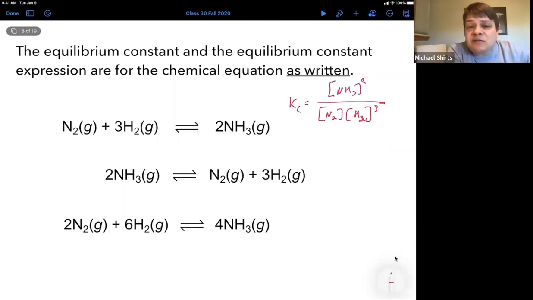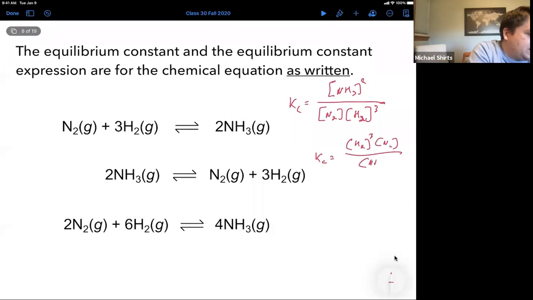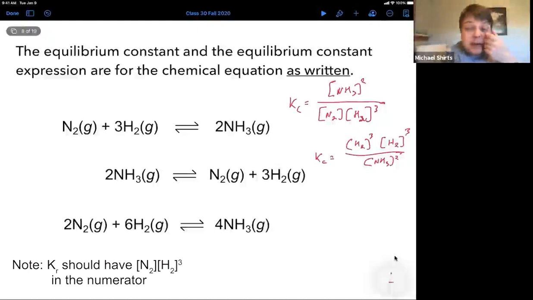Now let's look at the reverse reaction: ammonia decomposing into nitrogen and hydrogen. So here we have a Kc equal to H2 to the third times N2 divided by NH3 squared, right? It's the same chemical content, except now it's a decomposition.